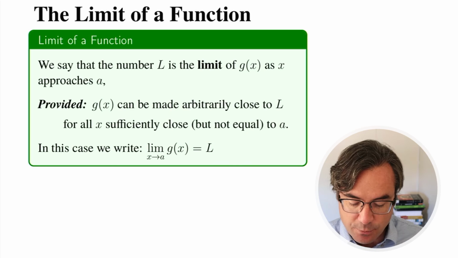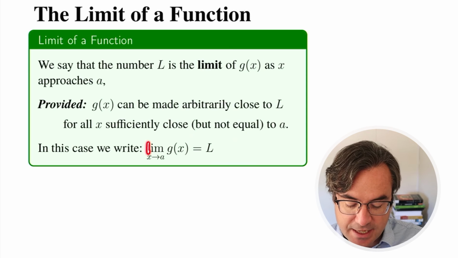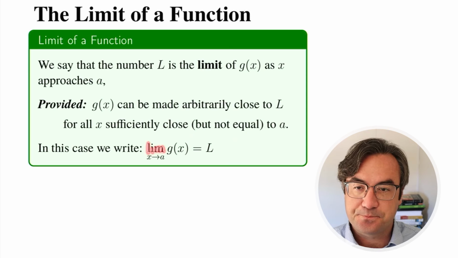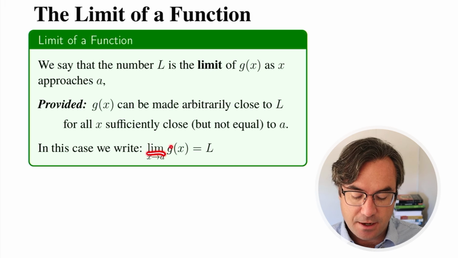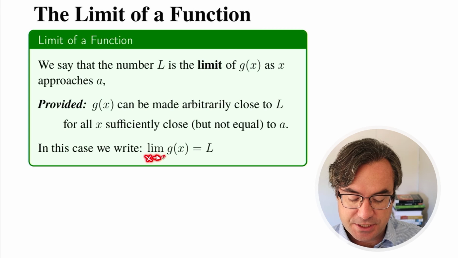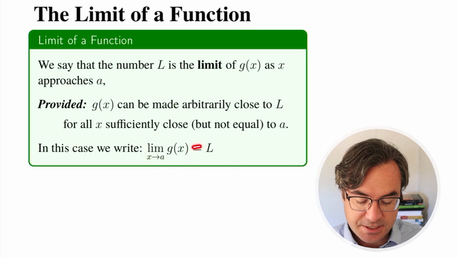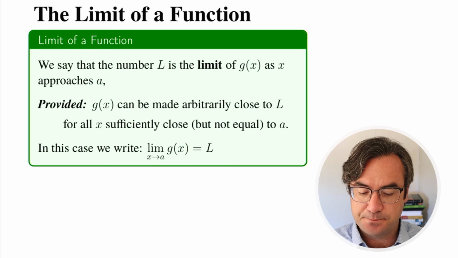The notation that we use is LIM. The way we would read this is, the limit of function g of x as x approaches a is equal to the number L.